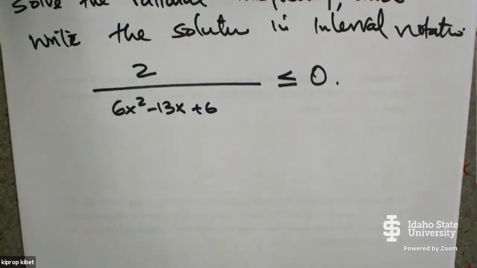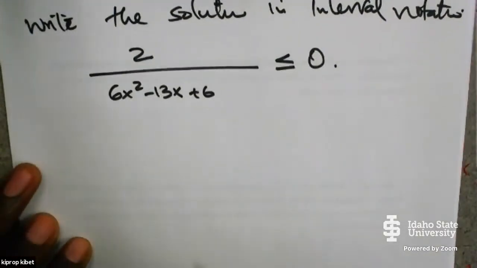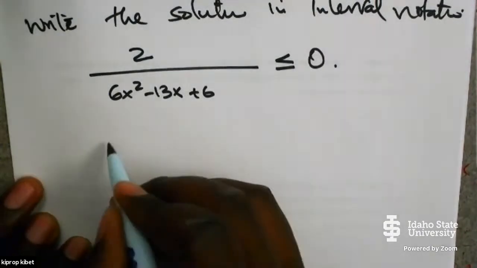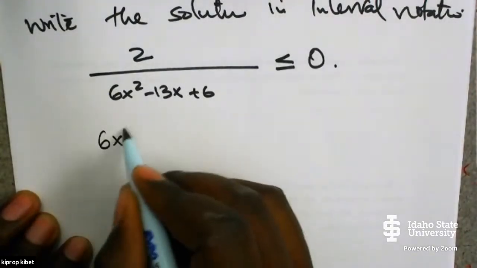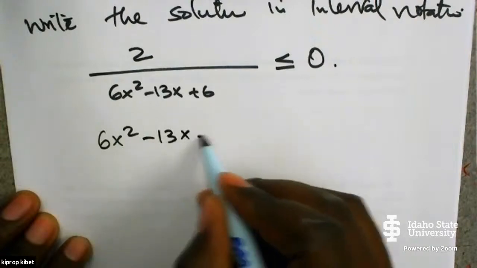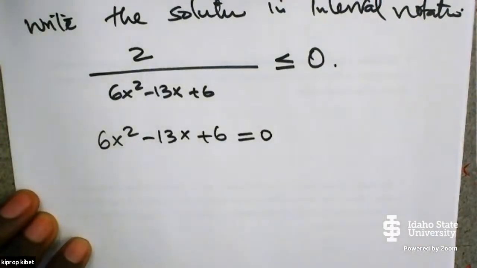We cannot get 0 because the numerator is just a constant. So we need to look for where it is undefined, so we equate the denominator to 0: 6x squared minus 13x plus 6 equals 0.